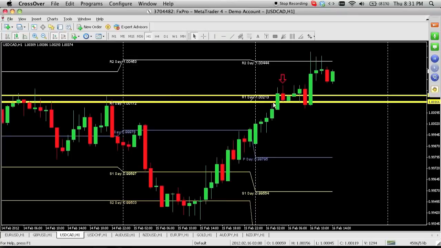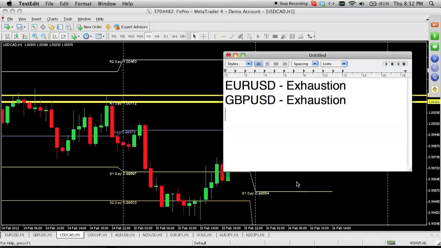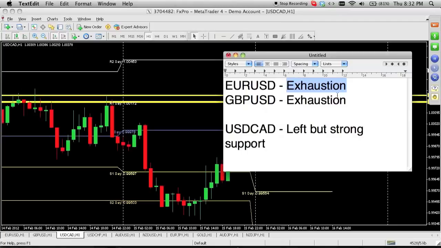Strong, strong, strong support right here. Now that we know, before we get into any other pairs, we have two pairs that have exhaustions: Euro USD and pound dollar. US dollar CAD has already left, it's leading, but it has strong support.